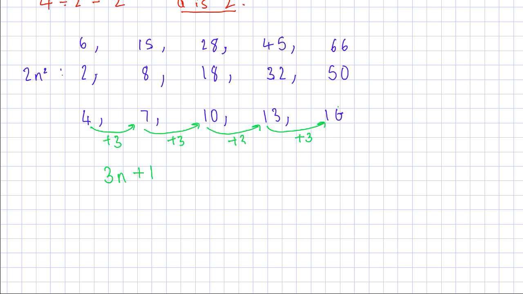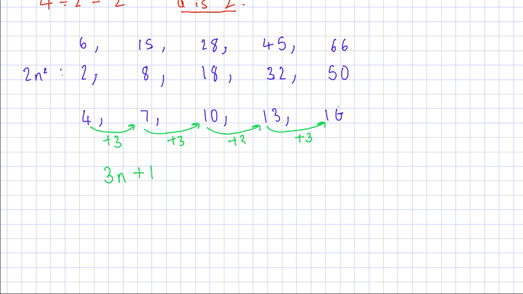So altogether, if I have the sequence 2n squared and the sequence 3n plus 1 and I add them, I get my original sequence. So you can check that. 2 add 4 gives me 6, 8 add 7 gives me 15, 18 add 10 gives me 28, and so on.